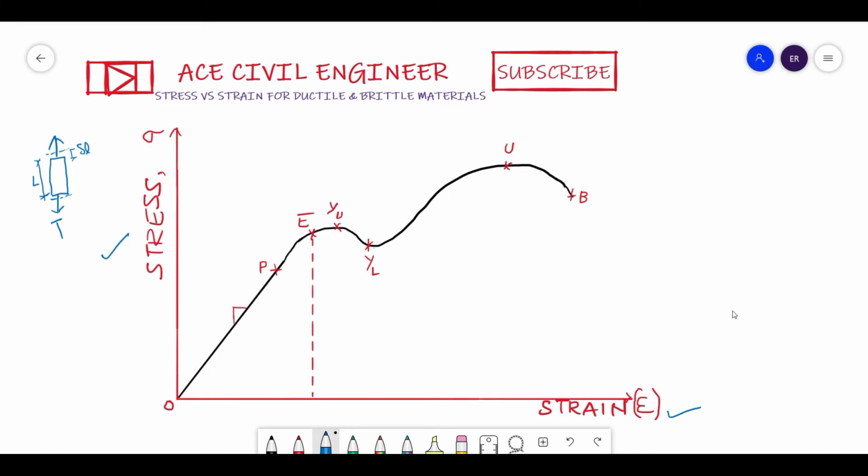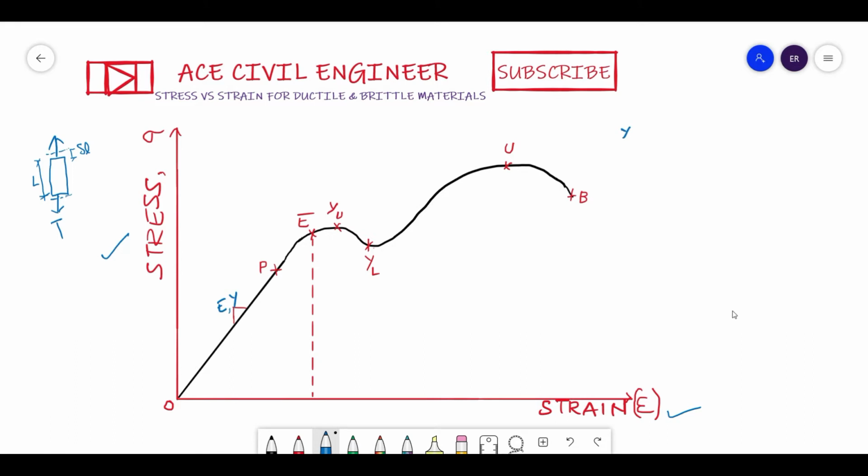What I observe is the stress strain curve goes straight till the point P. Till this point it has a uniform slope, and that slope is nothing but the Young's modulus. I'll consider it as Y because E I have already used.